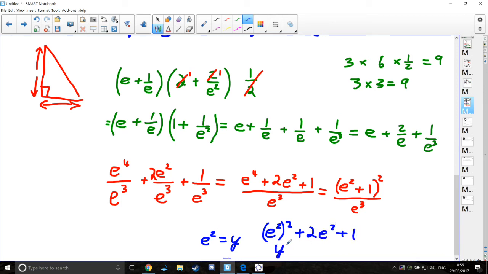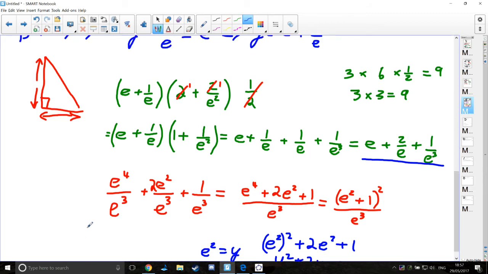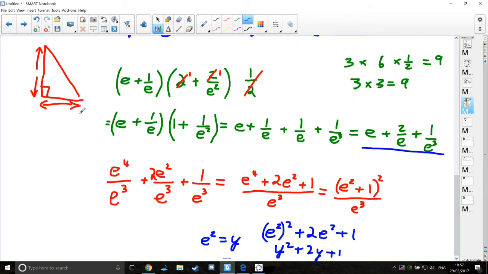So that's y squared plus 2y plus 1. Factorize that and you get this. Either way, it's a hideous question. I'd have stopped here unless they'd asked me to do anything else. This seems just as sensible as that. But either way, that's the area of the triangle OAB.